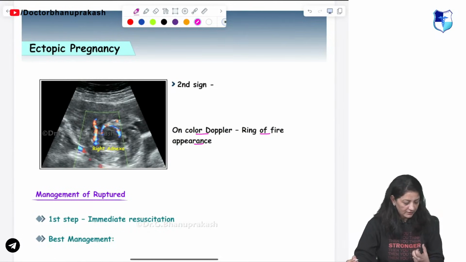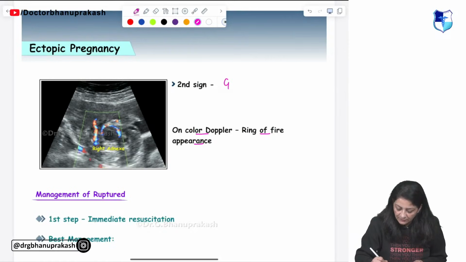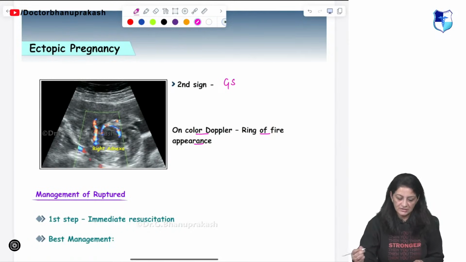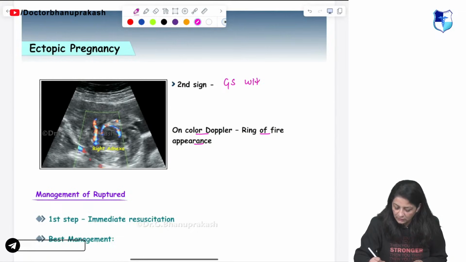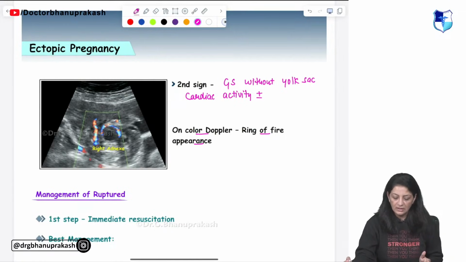High vascularity. So second sign, gestational sac, GS means gestational sac without yolk sac, and cardiac activity could be present or not, okay.